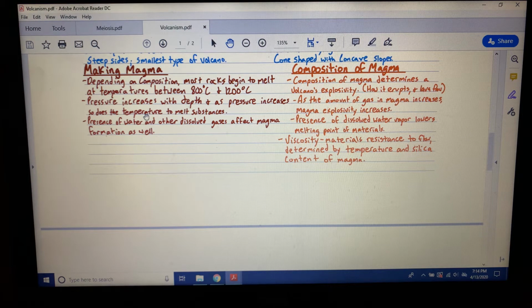Another thing that can affect making magma is the presence of water, as well as other dissolved gases that affect magma formation. It'll also affect the way that the magma is going to leave from the mantle up through that chamber and then out of the volcano.